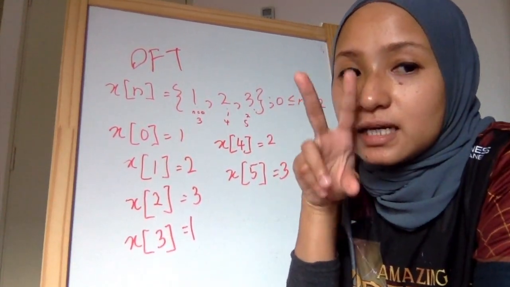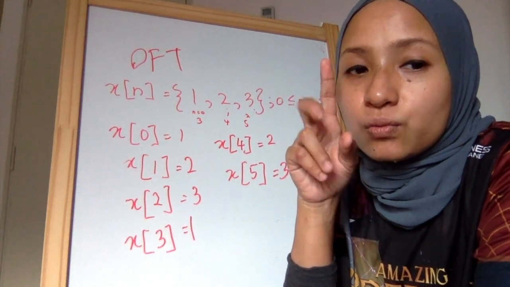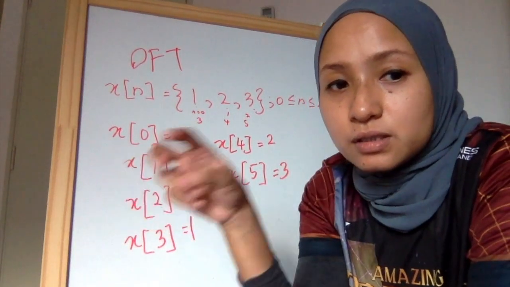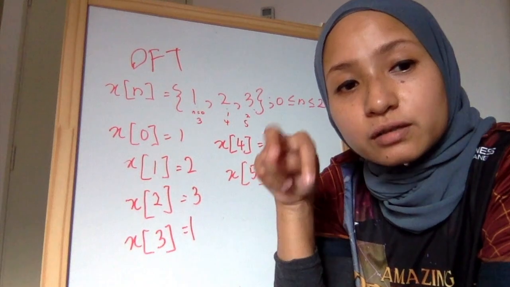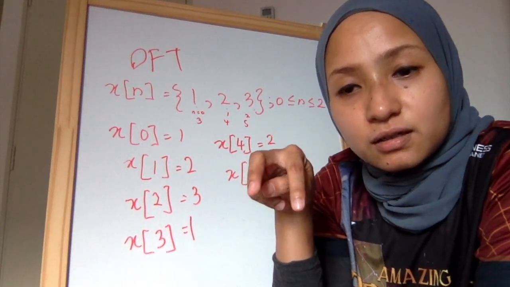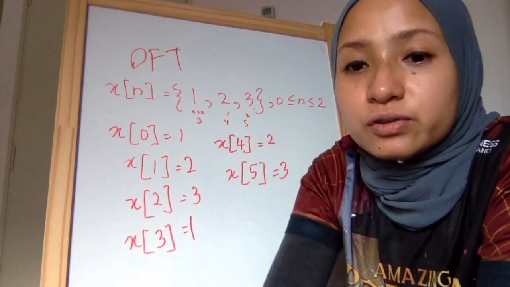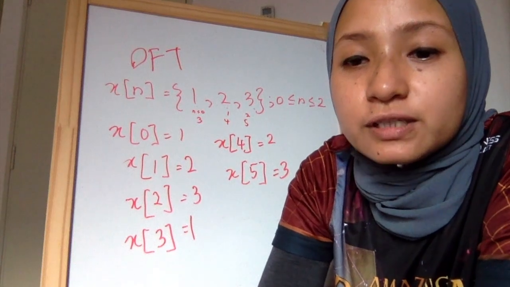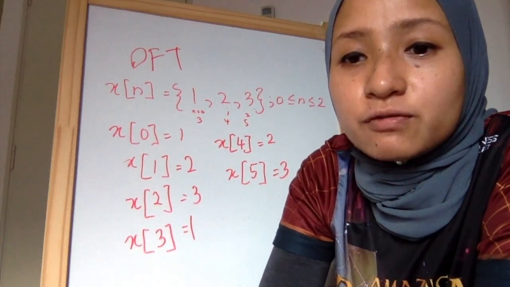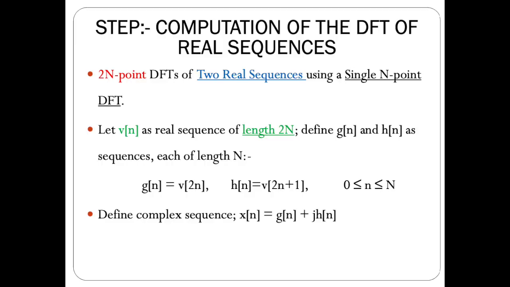So basically you will have one long sequence become two short real sequences. For you to do that, you assume the first sequence will be your real sequence, the second sequence will be your imaginary sequence.